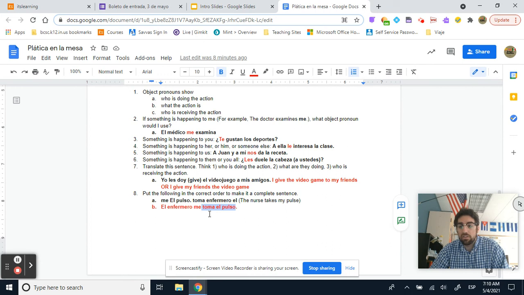That's the entire action together. So el enfermero is doing the action, toma el pulso is the action, and it's happening to whom? It's happening to me, right? And remember, we always put that pronoun before the action, and so it'll end up being el enfermero me toma el pulso, the nurse takes my pulse.